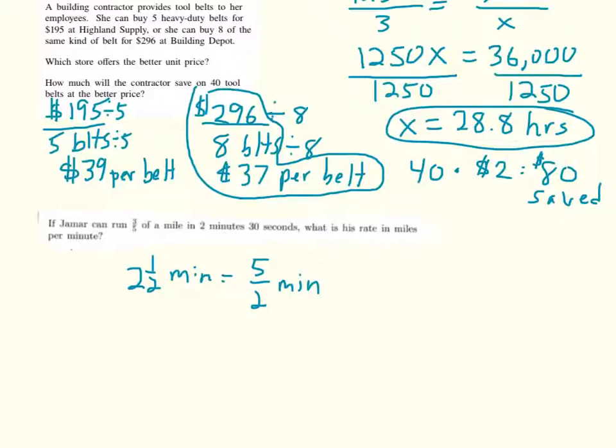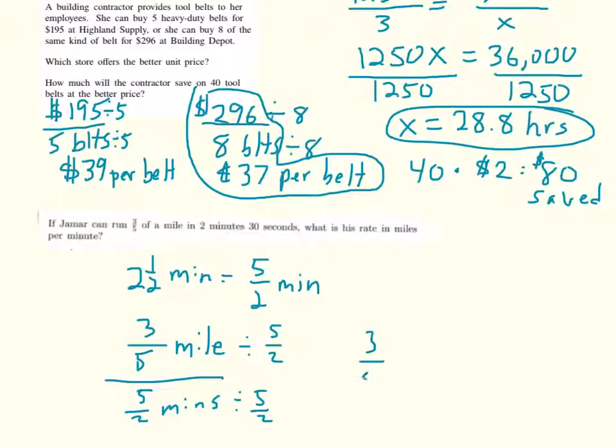And so he's running 3/5 of a mile in 5/2 minutes. So if I want a unit rate there, I need to divide by 5/2.